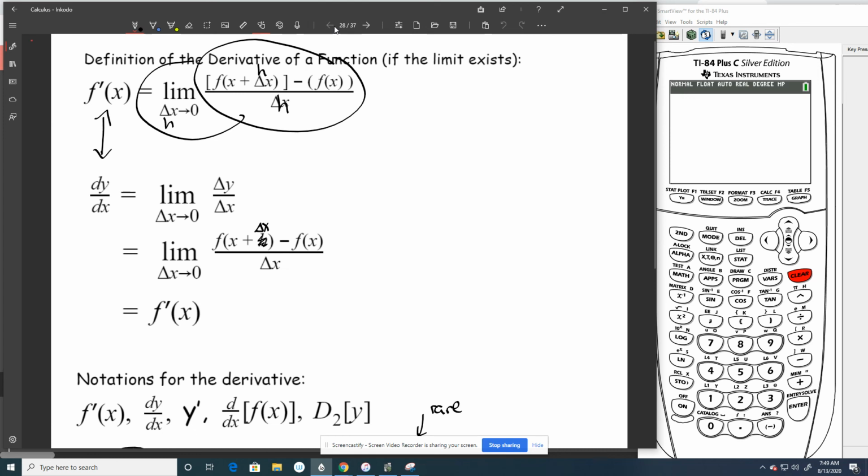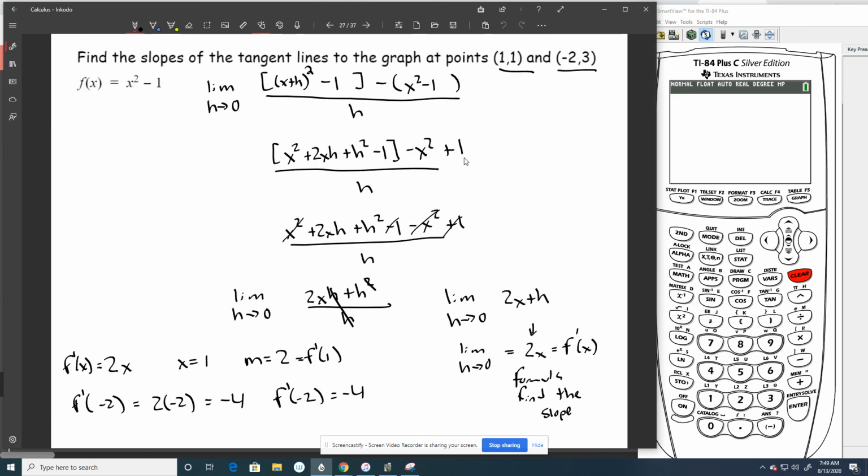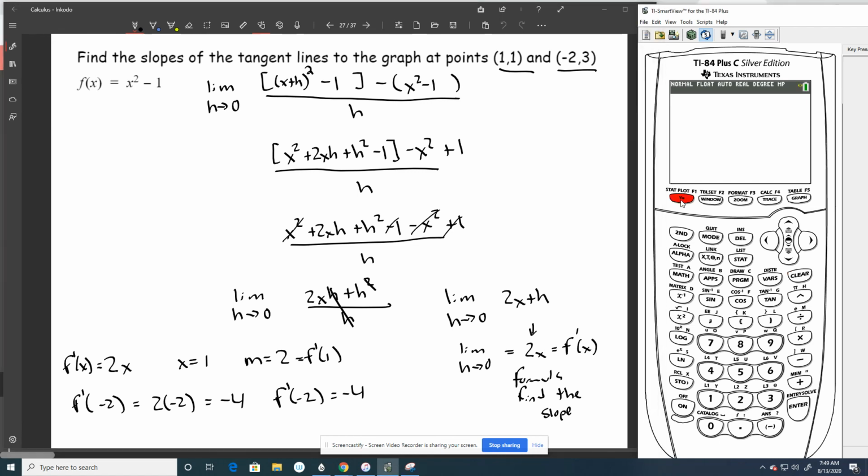Well, before we do, and we should have checked this before, but we found the derivative of x squared minus 1. We thought that our slope was 1 and our slope was negative 4. We can actually double check that. If I go to y equals and I plug in x squared minus 1, and I go to the graph, that is a terrible window.